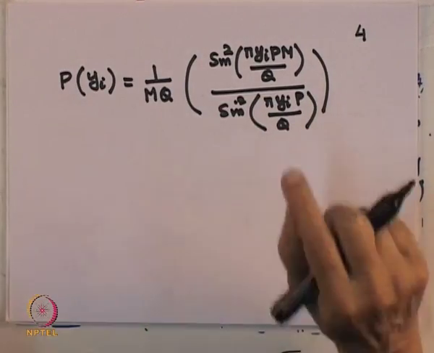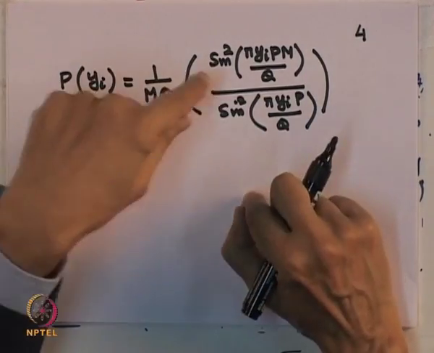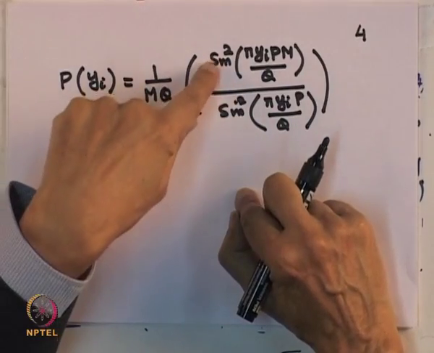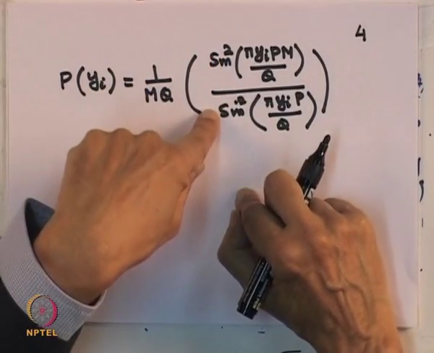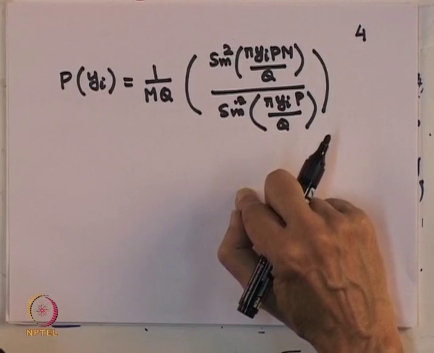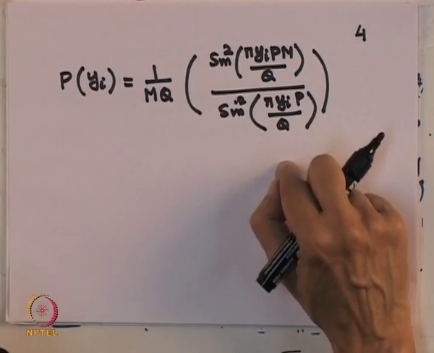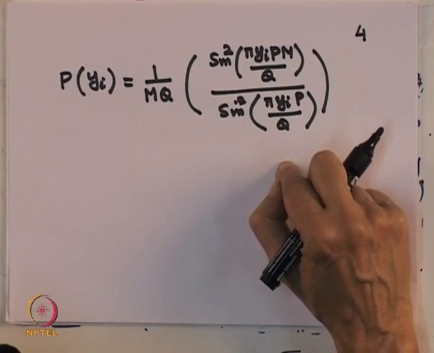Now, if this is not a multiple of pi, then you can calculate, and this probability turns out to be extremely small.